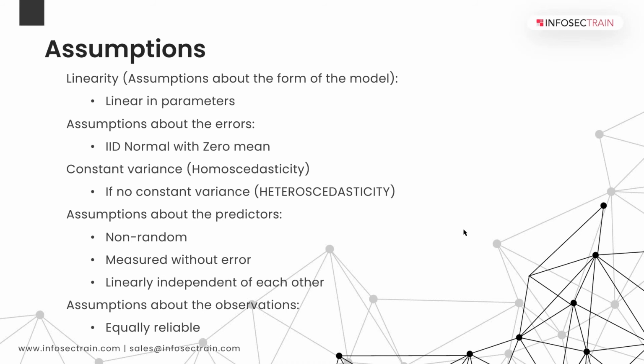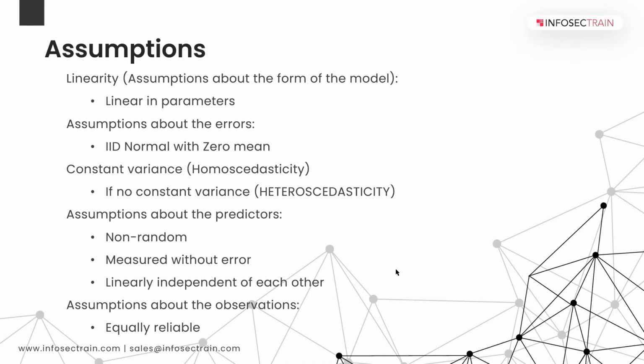Then we have the assumptions about the predictions, that they should be non-random, because here we find the regression line and then find each and every predicted data point, so they are not random. Here we measured without error, and lastly they are linearly independent of each other.